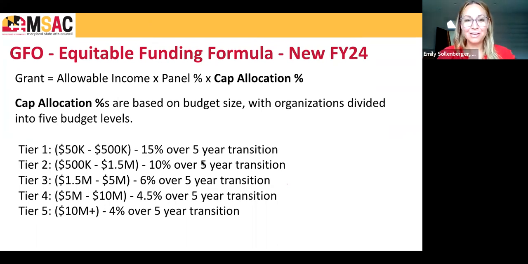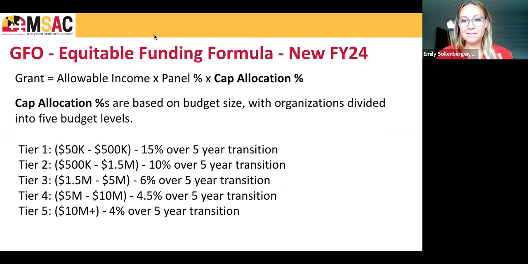You can see on the slide where you might find yourself, and this is all based on your allowable income. There are some goals that we've determined that we will be working through over a 5-year transition period. So this is essentially year 1 of 5, and we'll be moving towards these goals over the next 5 years based on the tier that you might find yourself within.